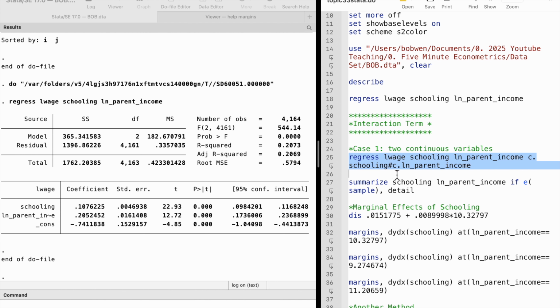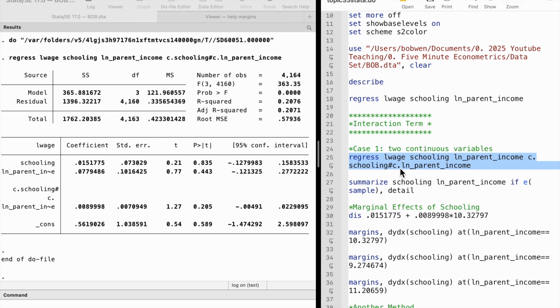In Stata, the pound sign is for the interaction. We treat the variables as continuous variables, so we add a prefix of c. before them. Here are the OLS estimates.